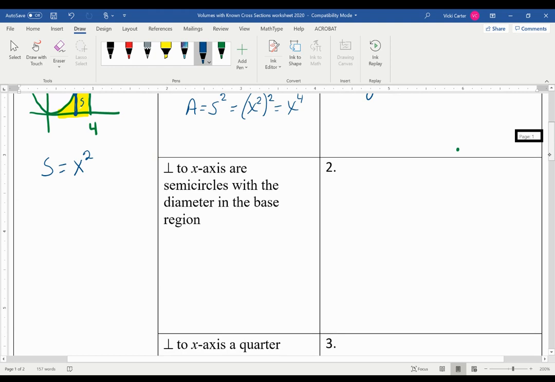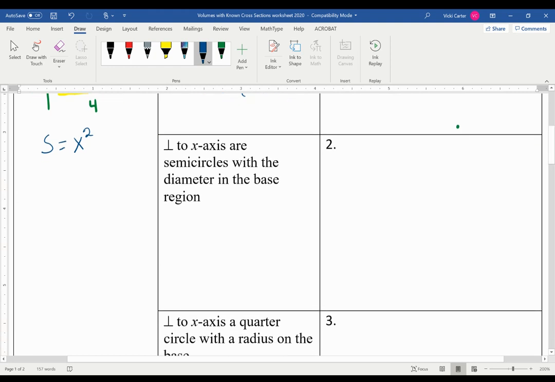All right, so the next one is cross sections perpendicular to the x-axis are semicircles with a diameter in the base region. So if you recall, that means this is S. This is the base of a semicircle, which means that's actually the diameter. And that means that 1/2 of S is going to be our radius.